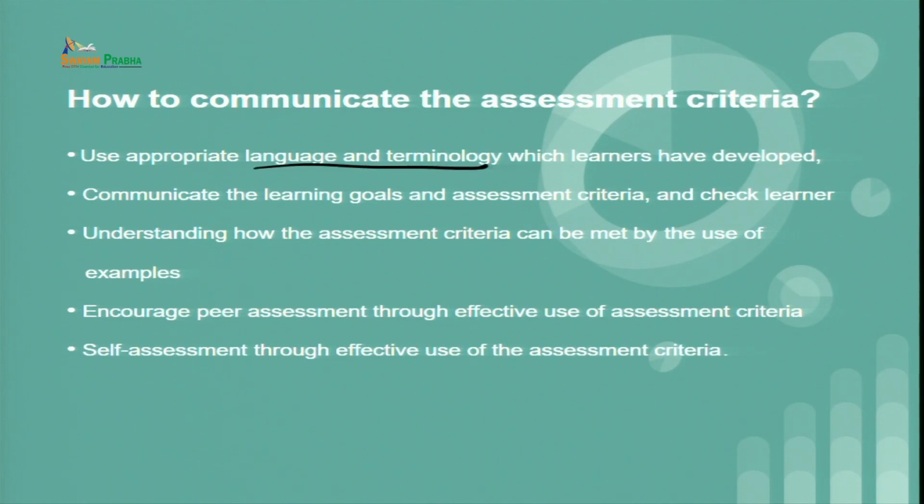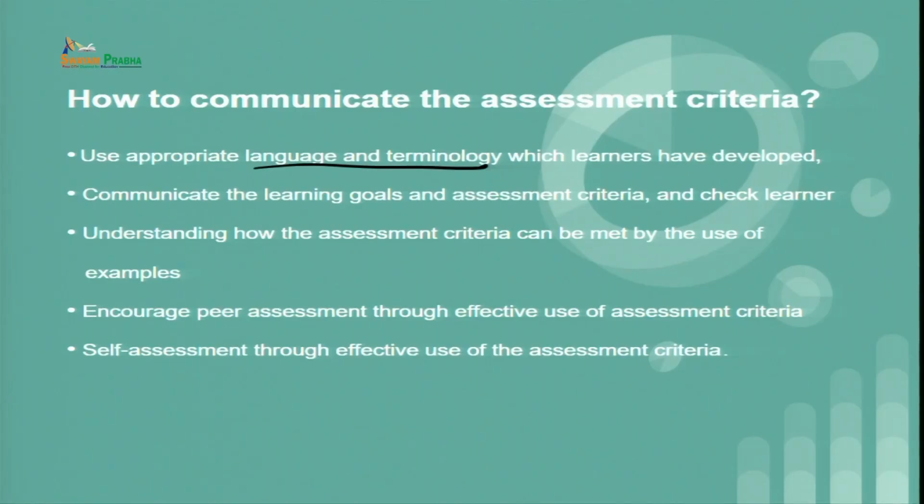Remember, assessment is not to discourage them or to judge them in a negative way. It is ultimately made for their upliftment, their development. Therefore you should be very cautious with the vocabulary and terminology you use when it comes to judging.